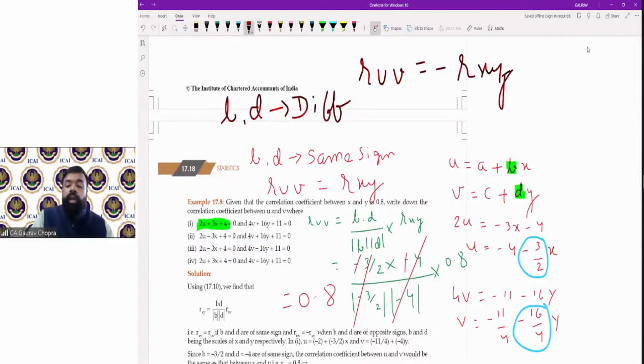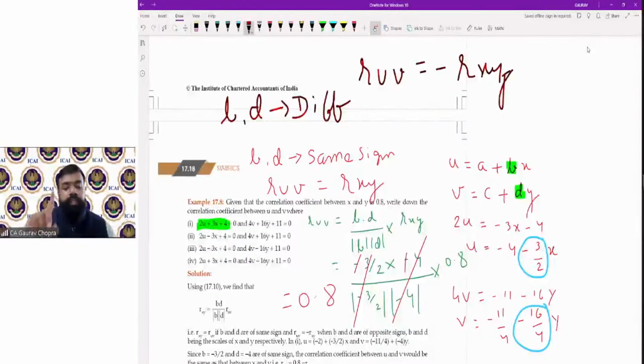That means if RXY is positive 0.8, RUV will become negative 0.8. एक की वैल्यू पॉजिटिव 0.3 है तो दूसरे की नेगेटिव 0.3 हो जाएगी। एक की अगर नेगेटिव 0.1 है तो दूसरे की पॉजिटिव 0.1 हो जाएगी। So in this way you can see that sign will get changed.